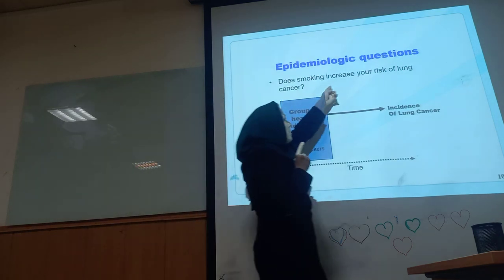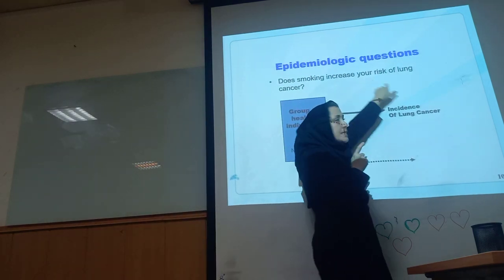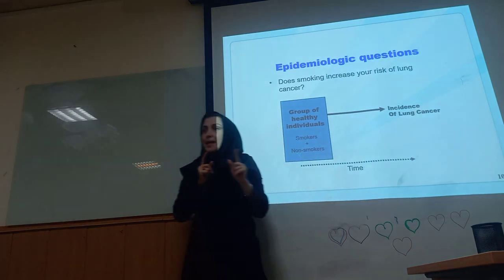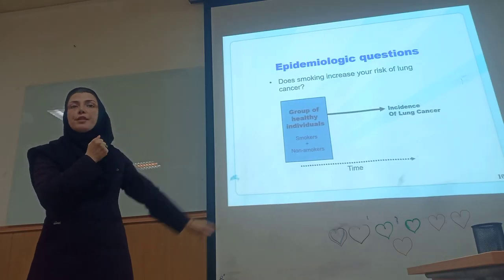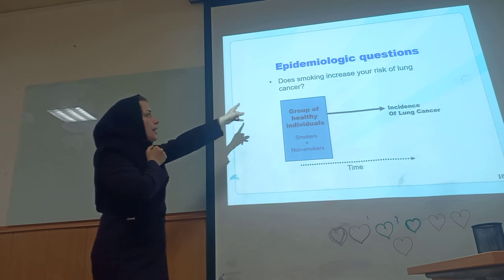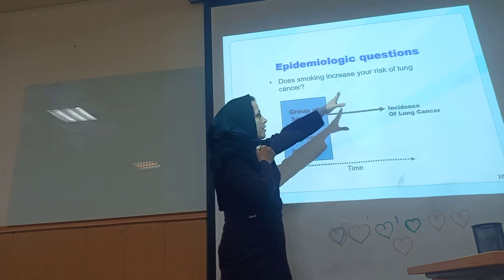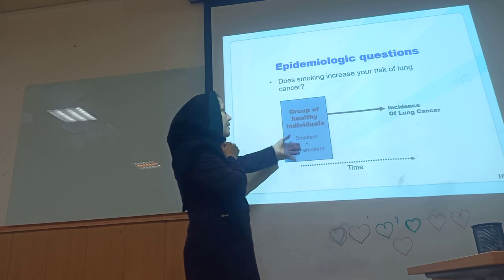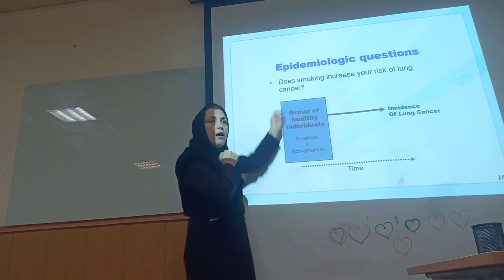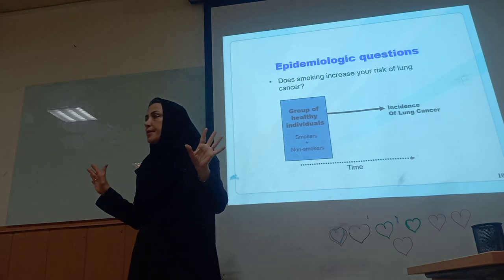When you want to speak about the risk of something, it means that you need incidence. It means that you should have time. It means that in this scenario, to answer these types of questions, you should have cohort design. If you want to estimate risk of lung cancer, at the beginning, the people are free of lung cancer.